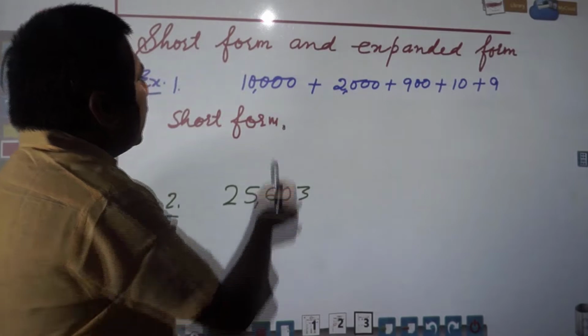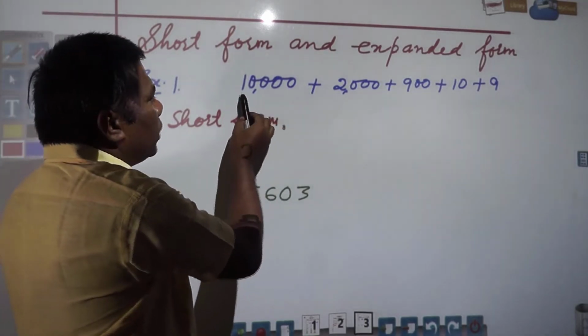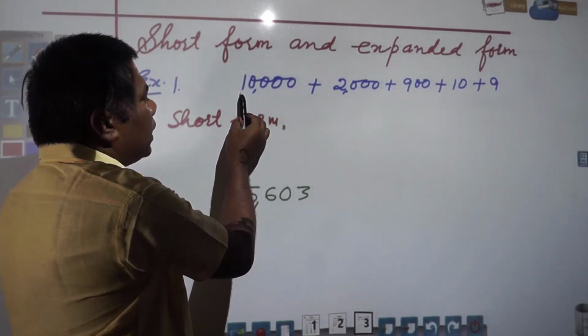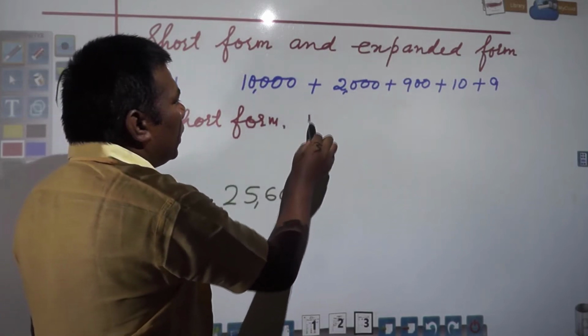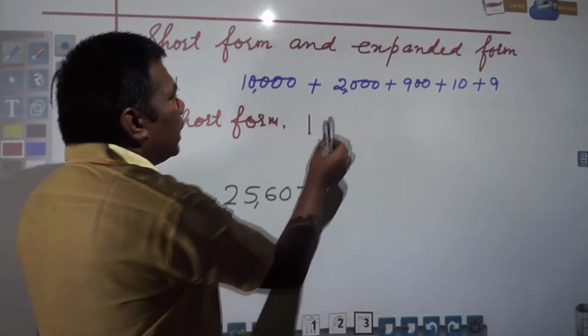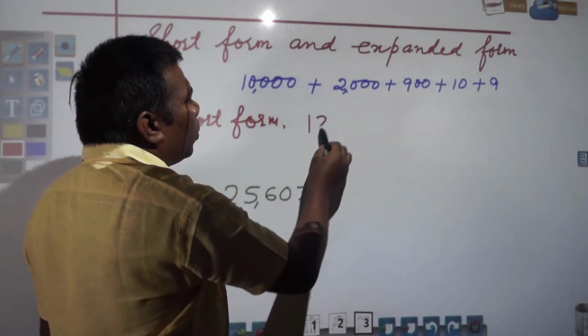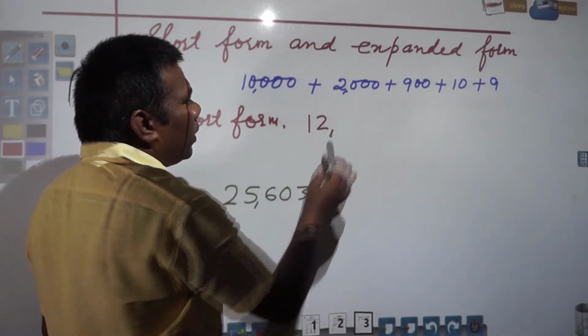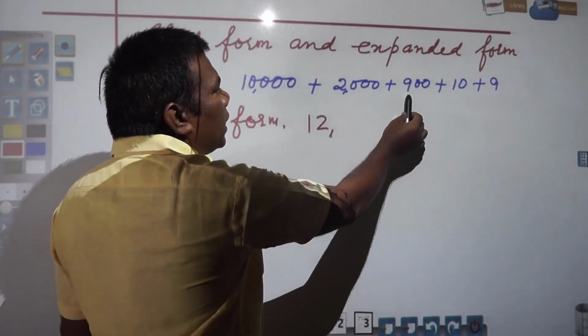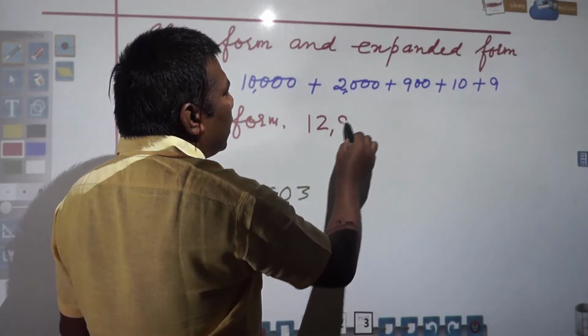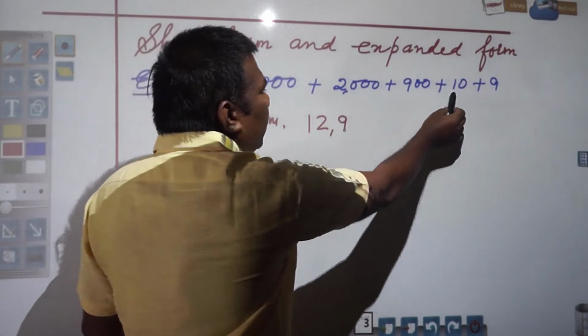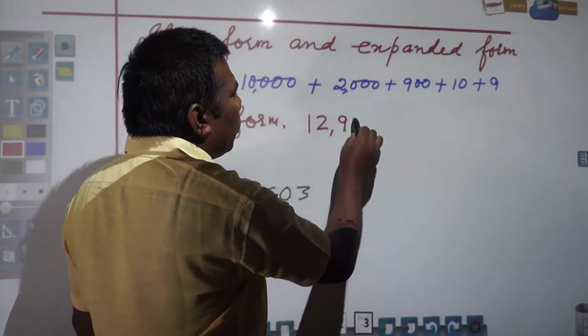Here you see, in the 10,000 place, what number is there? 1. Simply write 1. In the thousands place, what number has been written? 2. So it became 12,000. Then in the hundreds place, what number has been written? 9. In the tens place? 1.